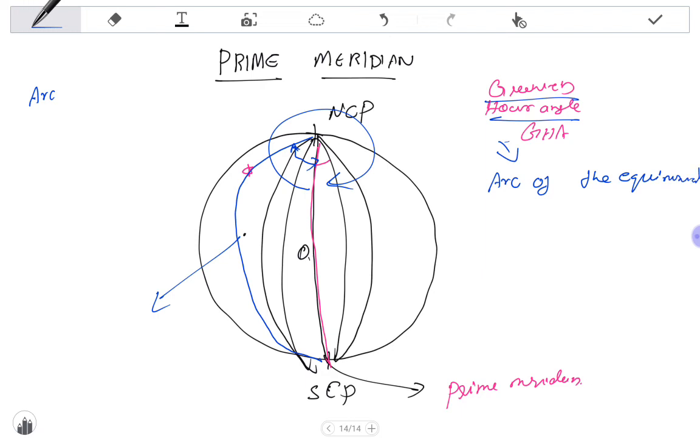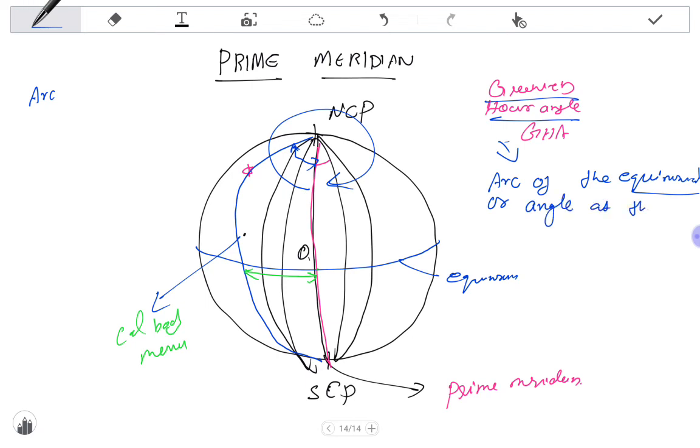equinoctial. So this is the equinoctial. That arc is between the Greenwich meridian and the meridian passing through the celestial body. So it is the arc of the equinoctial, or the angle at the celestial pole.